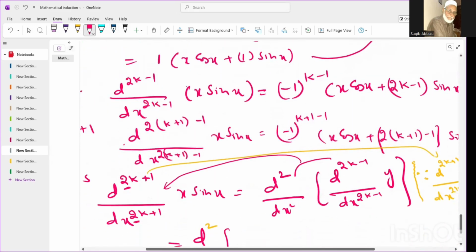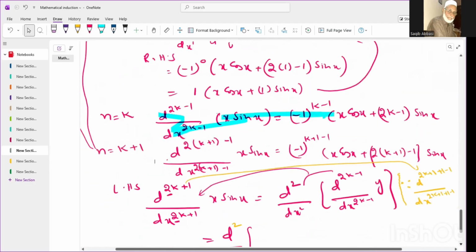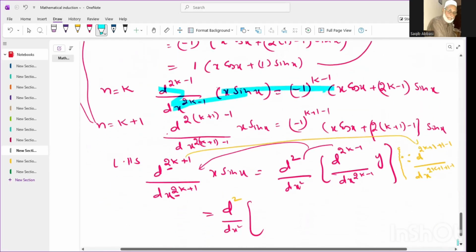It is similar here, the same value. Progressing, we go forward. What will be d^2/dx^2 of (-1)^(k-1) x cos x plus (2k-1) sine x?